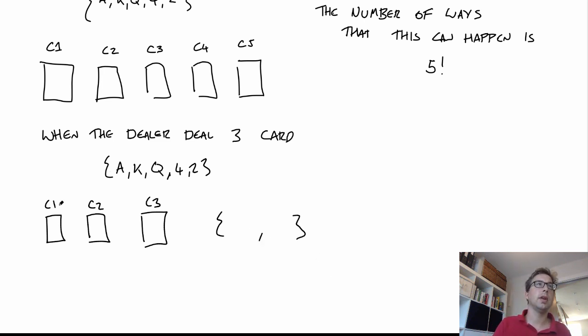He'd put 1 card in here, 1 card here, another card here, and I suppose it was ace, king, queen. What he'd be left with is a 4 and a 2, and we wouldn't care whether, if he dealt them all out, it was 4 then 2, or 2 then 4. So we essentially don't care about the order of the remaining 2 cards if they'd been dealt out. All that matters is the order of these 3.